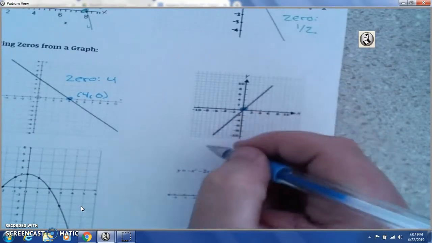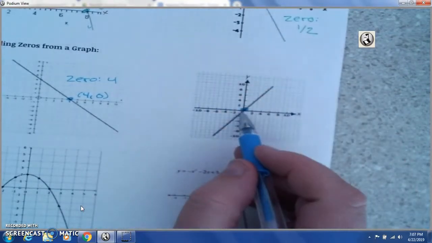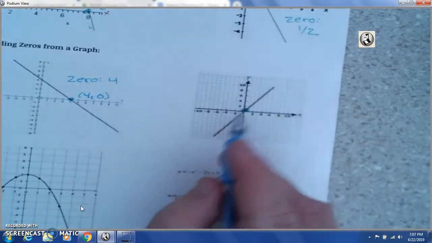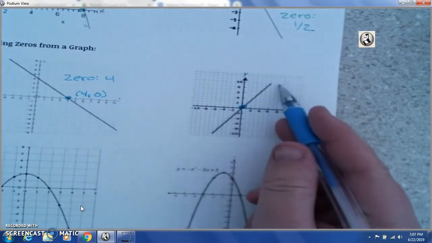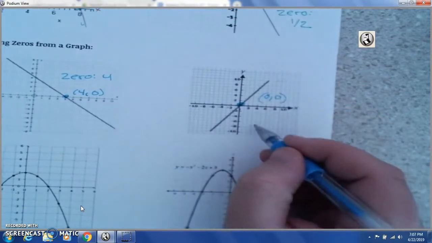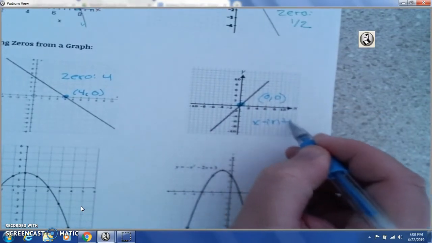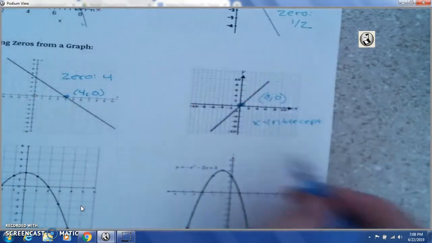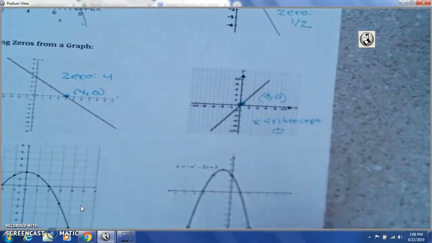Remember, because it's going upward and crosses at 0, it's a direct variation. Direct variation has to cross through the origin and go straight on up. So (0, 0). Let's change our vocabulary. Remember, you could also say zero or root or solution is 0, okay?